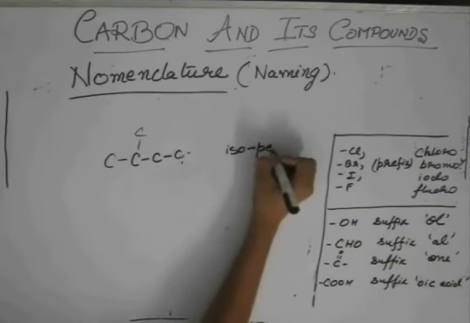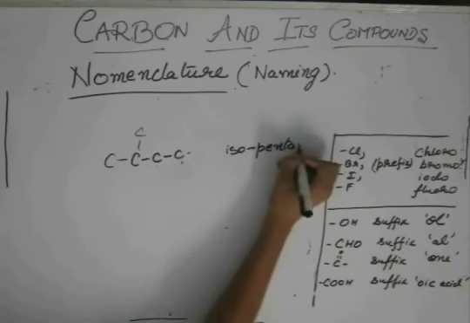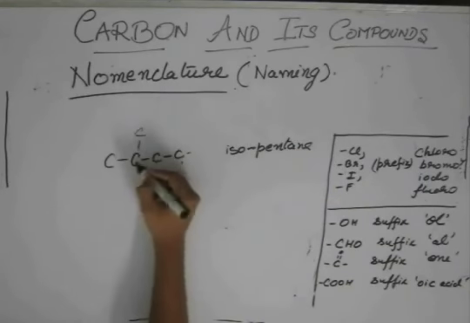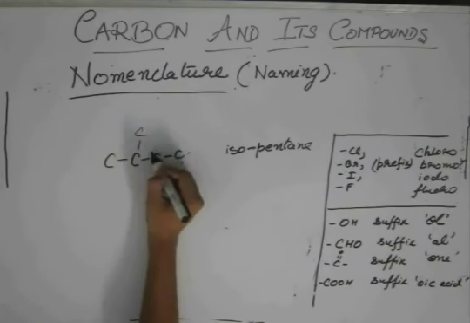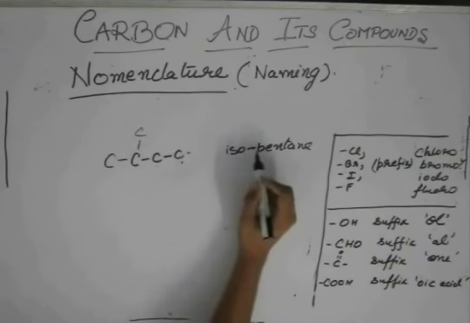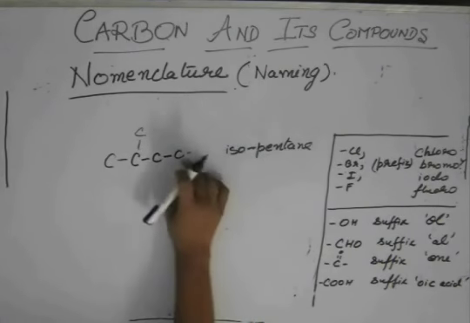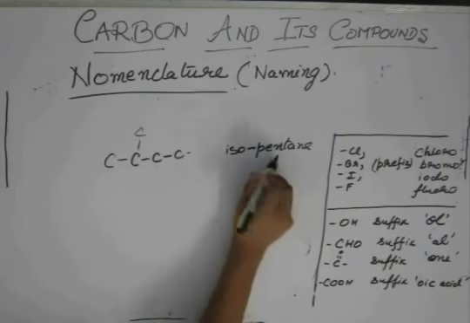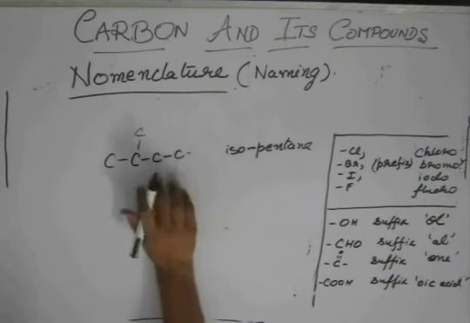If you recall, 5 carbons with 1 branching on the carbon number 2. So this is isopentane. But this is not the IUPAC name. So what is the IUPAC name?